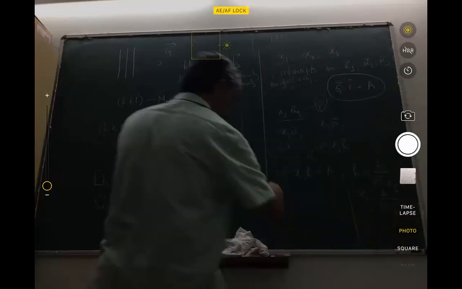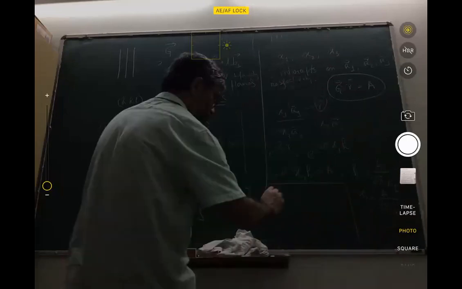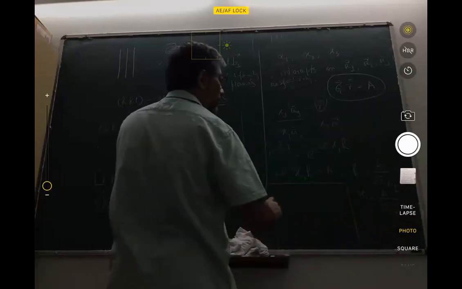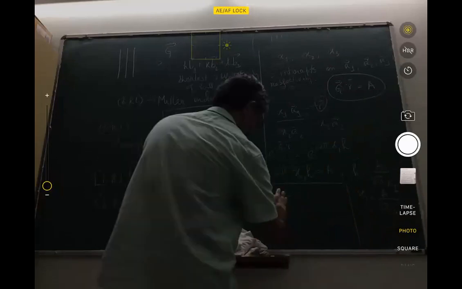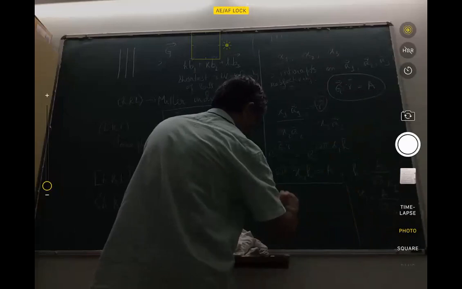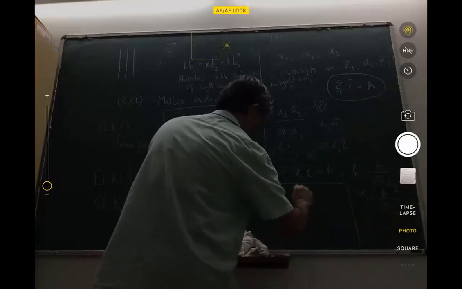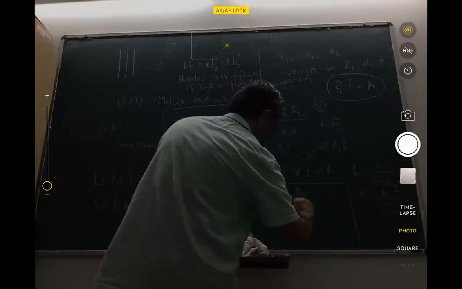Similarly, along the other two axes, we'll have k over x2 and l over x3.